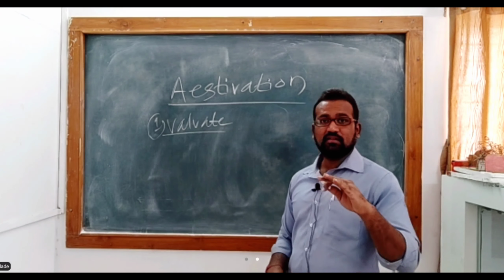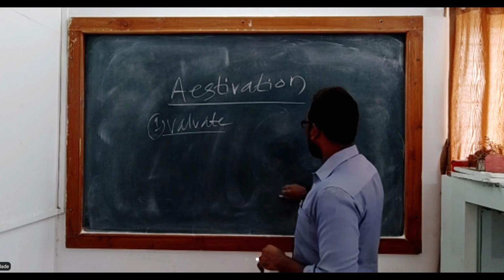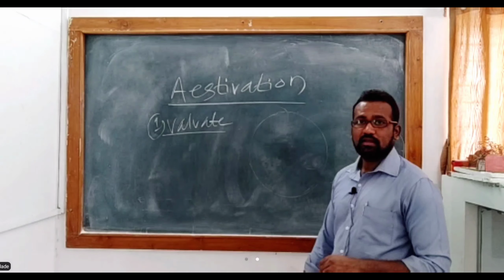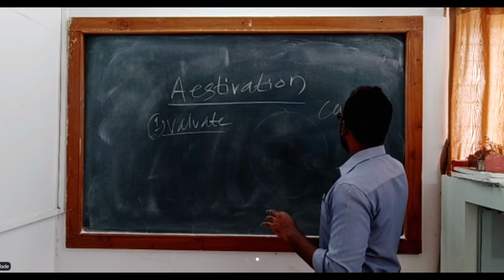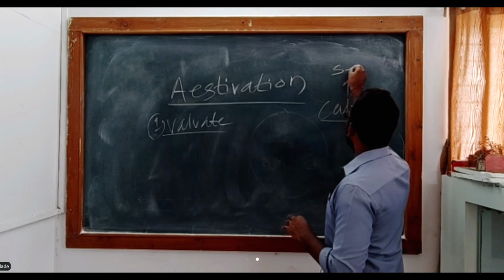So I will help you to understand and remember this terminology. If you draw a circle, and if you consider we are talking about the calyx, the unit of calyx is the sepal.